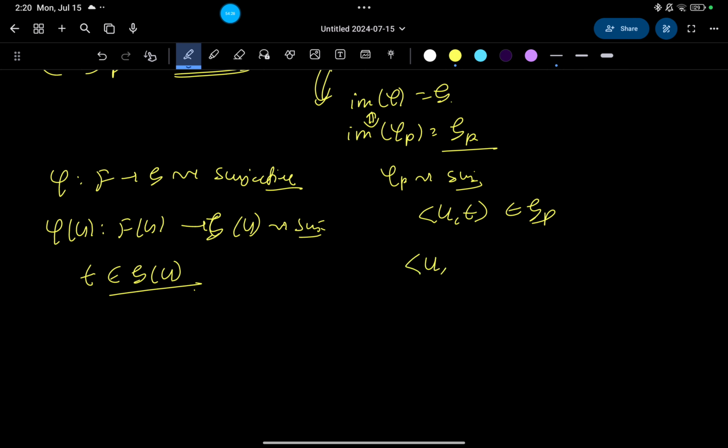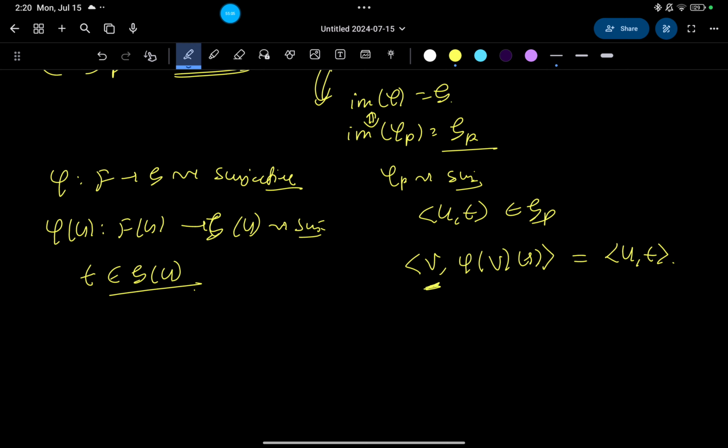So let's consider (v, phi of v of s), which is nothing but (u, t). It may be possible, right? Because nobody can tell me surely that this has to be u.